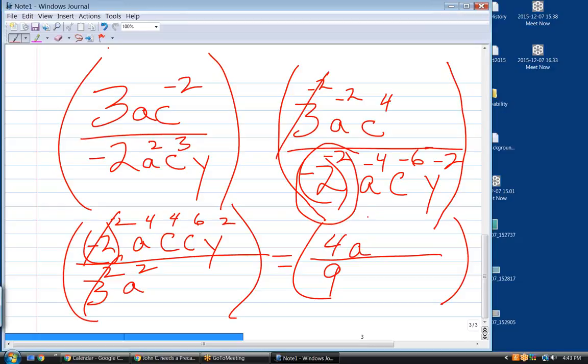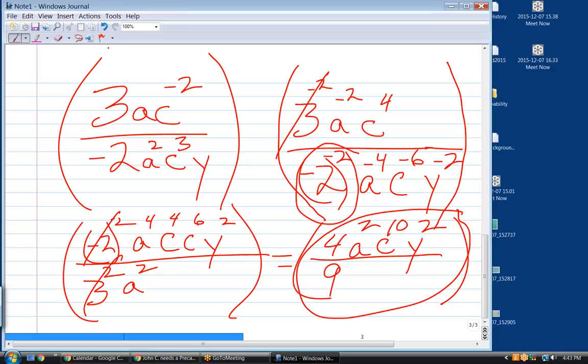What's the exponent? Squared. Okay, how about C? C to the 10th. Numerator or denominator? Numerator. Yep. There's your answer, all positive exponents.